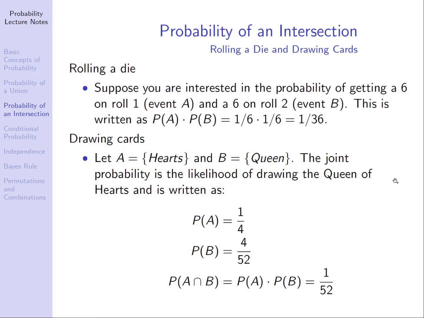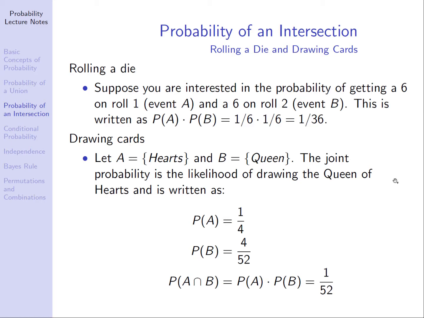For example, suppose you're interested in the probability of getting a 6 on the first roll when rolling a die, and a 6 on the second roll as well. Note that those events are independent in the sense that what you get on the first roll is independent of what you get on the second roll and vice versa. Now, the probability of getting a 6 on the first roll is 1 over 6.